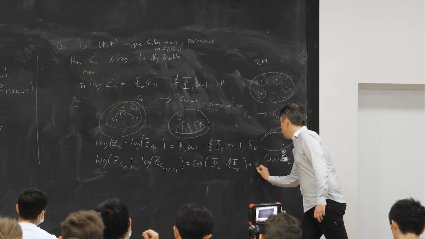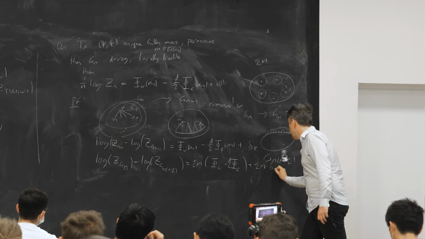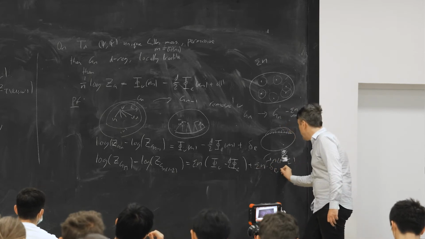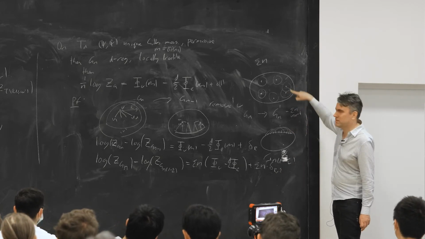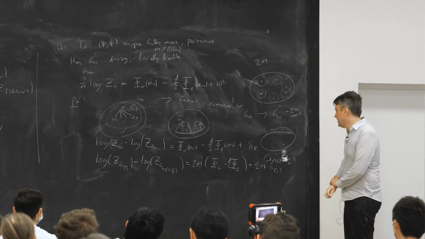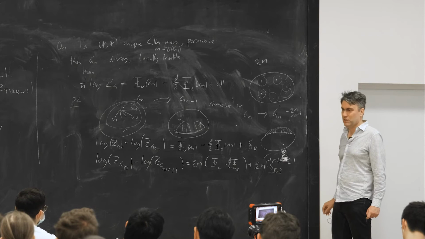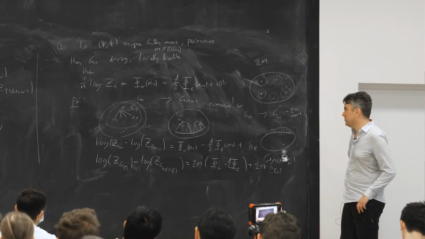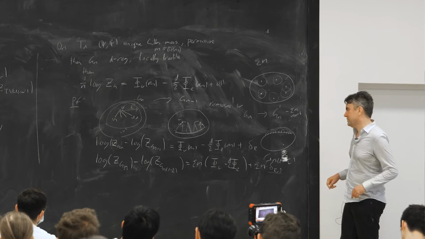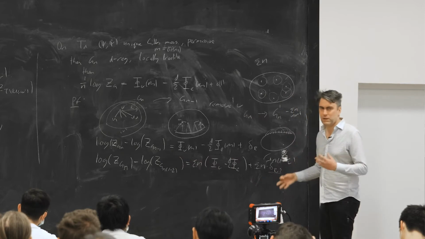So plus epsilon n times delta, which will be a function of r, but also maybe a function of epsilon, because epsilon is related to how many of these overlapping balls I have. But by taking r big and epsilon small, I can make this error term small. Okay, so what's the advantage of removing a lot of vertices at a time?